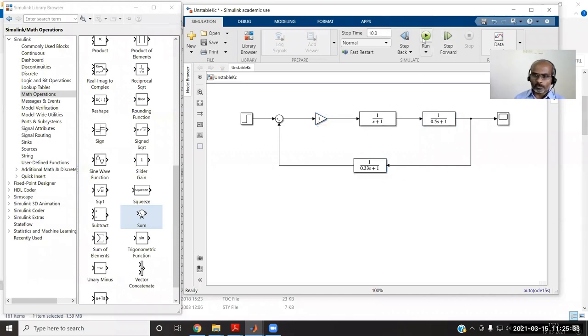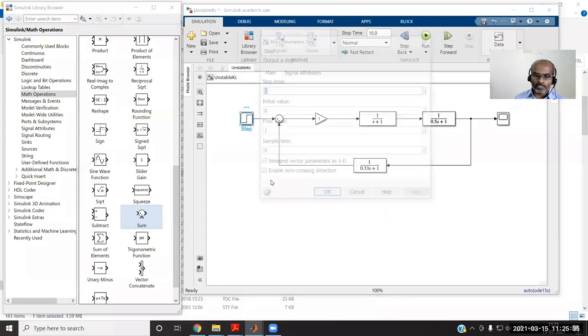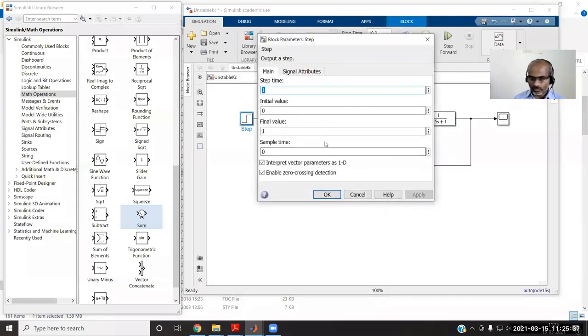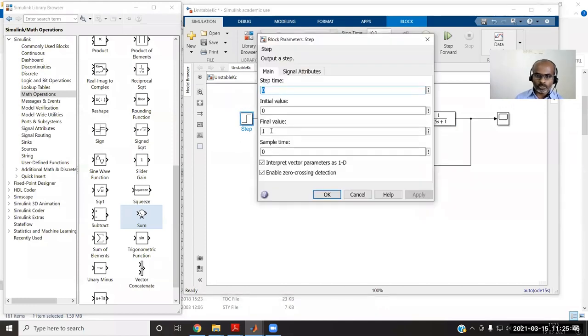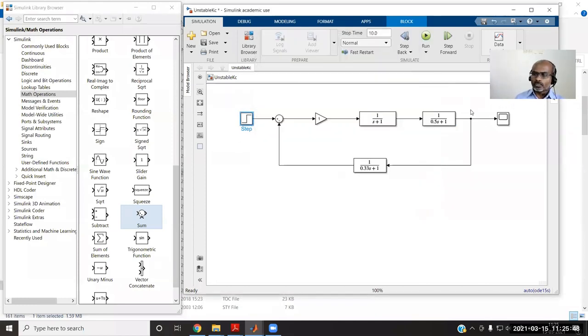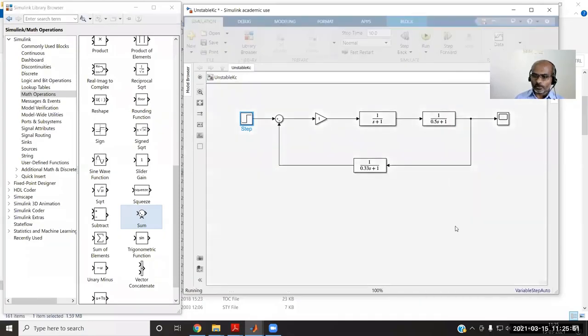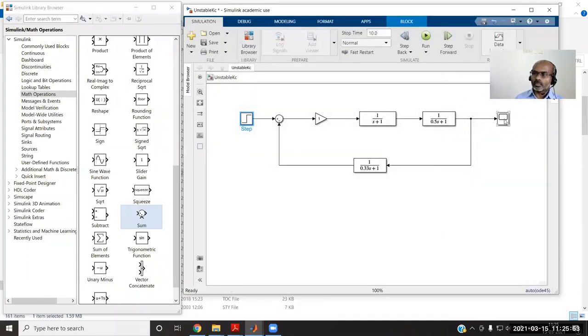Let us see the response of this loop for a set point change of 1. You can take the step time at 0 itself. Always at a time of 0, the set point is changing from 0 to 1. So you can see the response by running the simulation.